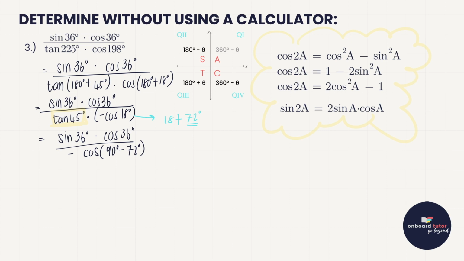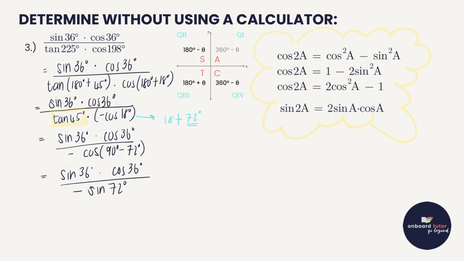And that will allow us to make a cofunction in our next step. Okay, so this is then sine 36 cos 36 over minus sine 72.